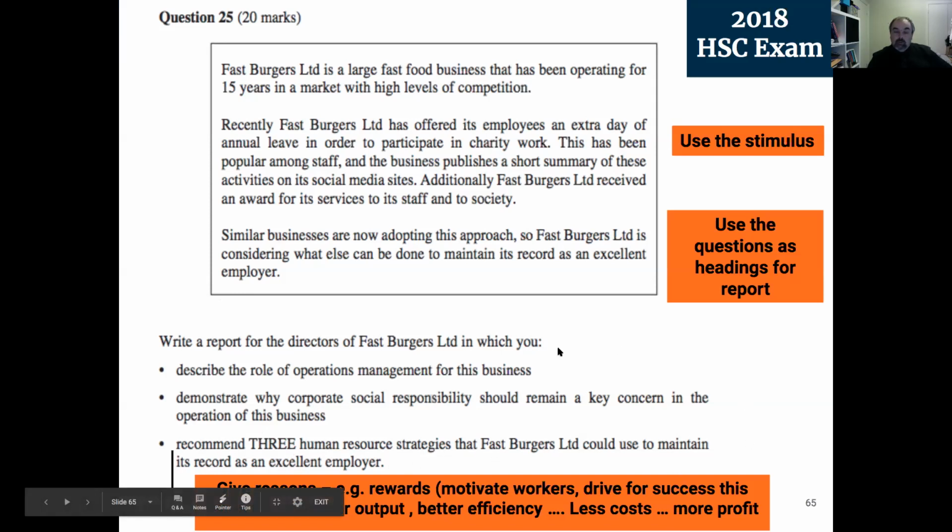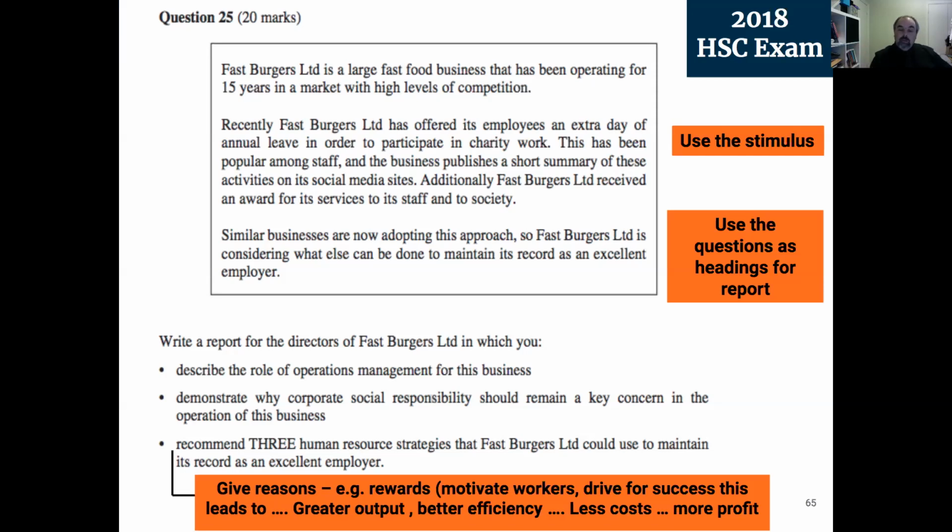Now you can see down the bottom there in the orange is the last part of the question. Recommend means give reasons, and if, for example, we were to use rewards, then the reasons around that would be to motivate staff that drive for success in the business, and then that leads to greater output, efficiency, etc. So one of the things I'm big on for answers is we're building those linkages and those implications, if you like.